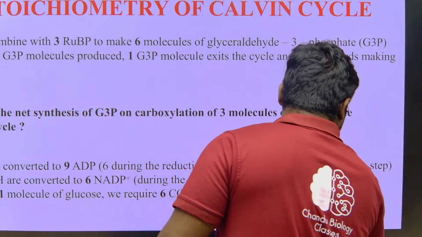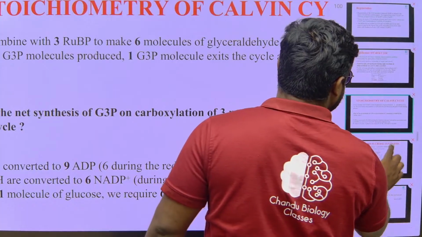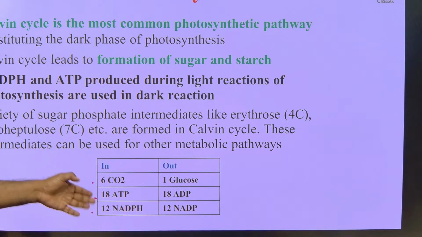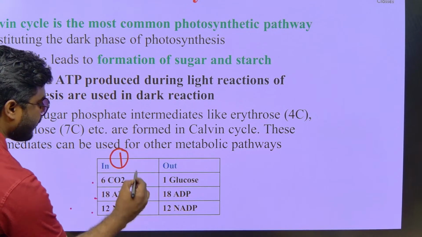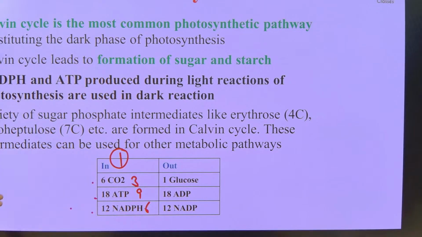Now, can I say like this? 6 carbon dioxide, 18 ATP, and this is for how many glucoses? 1. Half: 3, 9, 6. 2 glucoses: 12, 36, 24.